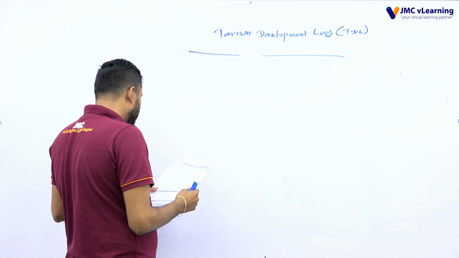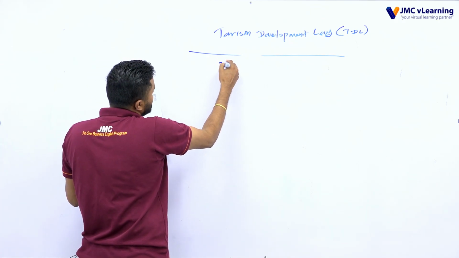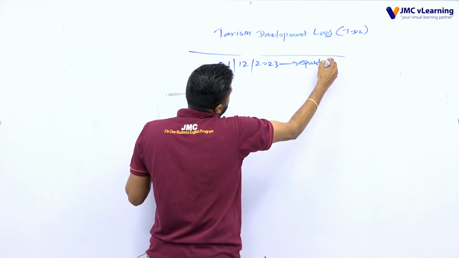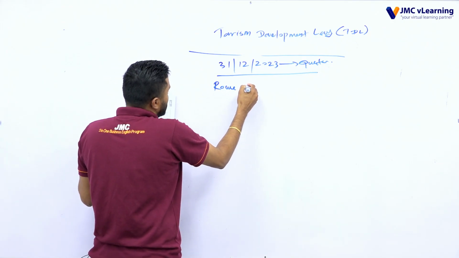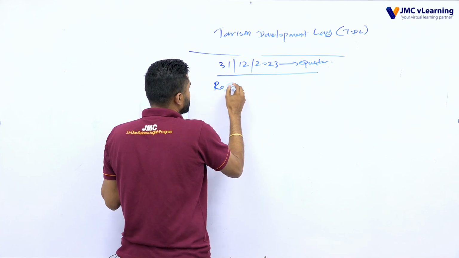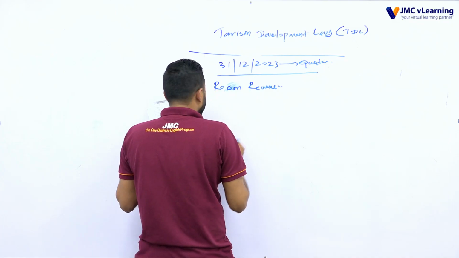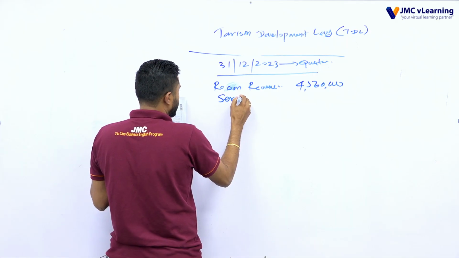But now we can discuss a particular exercise given here. The following information of Sahas Hotel was given in relation to the quarter ended 31st December 2023. This information is relevant to the 31st December 2023 quarter. So in this quarter, they have given this information. Room revenue 4,560, and service charge.